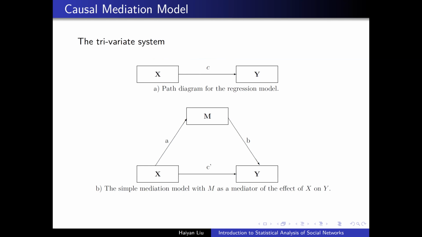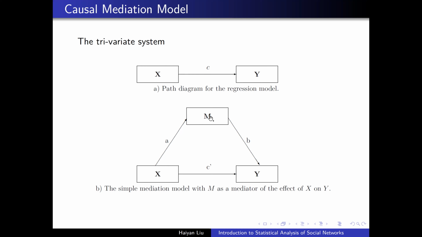This is the diagram of the mediation model. This demonstrates the total effect from X to Y. This demonstrates the indirect effect, from X first to M and then to Y. A times B will be the indirect effect from X through M to Y. And then we also have a direct effect, C prime, after controlling for the mediator.